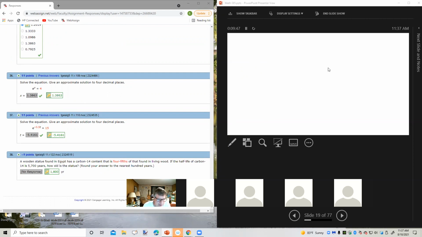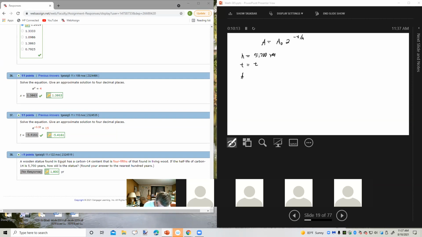All right, so we're talking radioactive decay. So A equals A sub 0 times 2 to the negative T over H power. The half-life is 5,700 years. We're trying to find out how old it is, so time is the unknown.